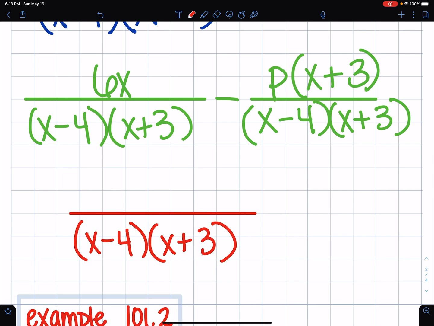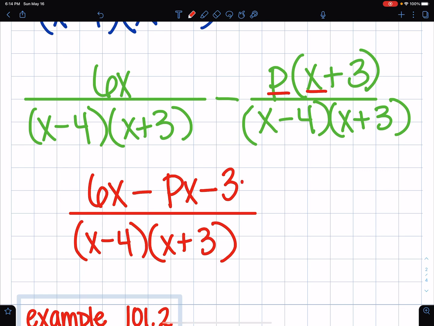And the top is going to be 6x minus p, and then all they did here is just multiply this out. This times this plus this times this. So they did p minus px, whoops, it's not pp, sorry, minus px minus 3p.